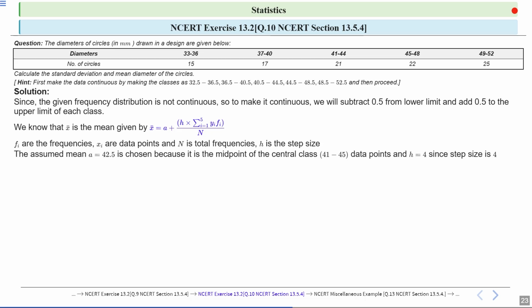For our data, we will choose the assumed mean a as 42.5, which is the midpoint of the central class 41 to 44. And the step size h is 4, since each class interval covers 4 units. Choosing the central class as the assumed mean makes our calculations easier and helps minimize errors.